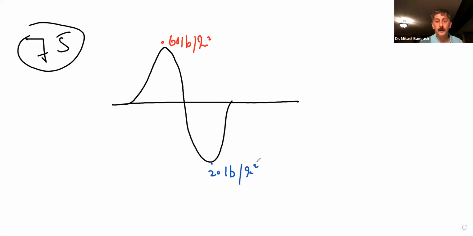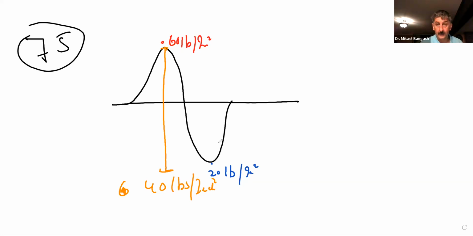Now, the total difference between these two is 40 pounds per inch square. How do we get that?